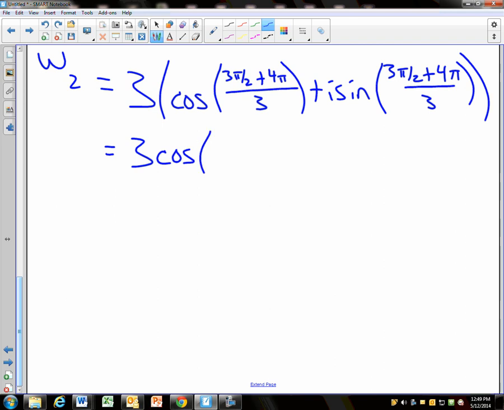I didn't simplify any of this. 4 pi, rewrite it so you have common denominators: 8 pi over 2. What's 8 pi over 2 plus 3 pi over 2? 11 pi over 2, divided by 3, is 11 pi over 6. If you want to be done at this point, you can.